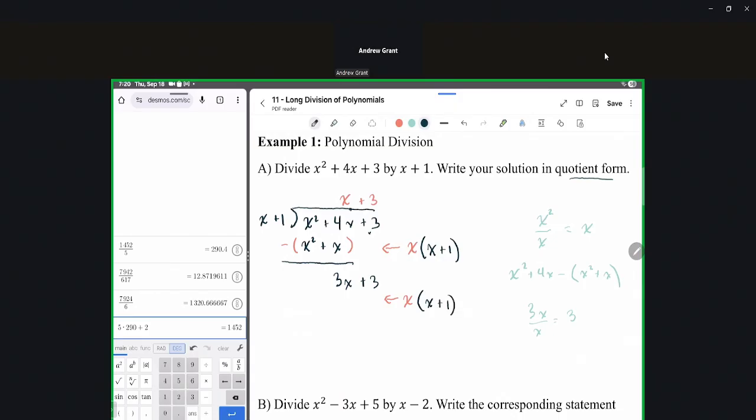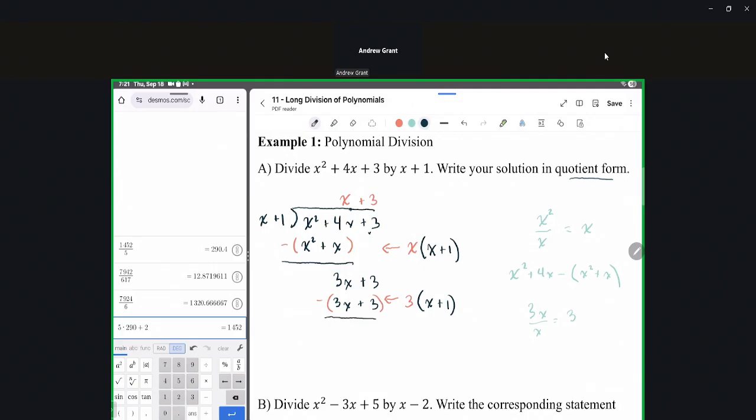And so x times x is going to give us, we write a 3 here. Sorry, I'm color coding sometimes. I forget to do things. Okay, so 3 times x is going to give us 3x. 3 times 1 is going to give us positive 3. And so we will subtract this off.